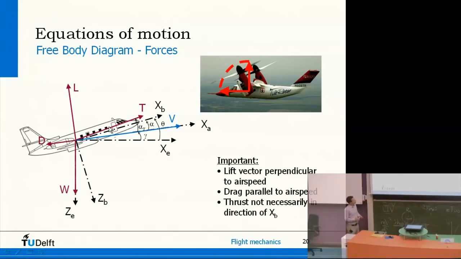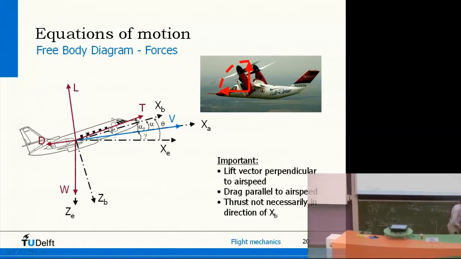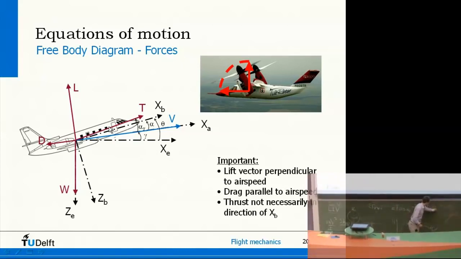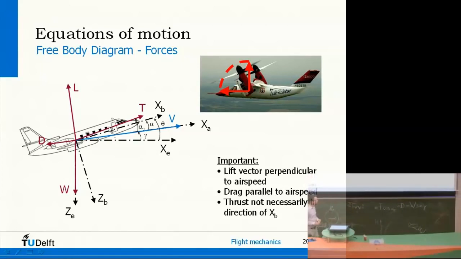So you can see, if you take the component of the weight parallel to the airspeed, you get minus the weight times the sine of the flight path angle, gamma. So these are all the forces parallel to the airspeed.